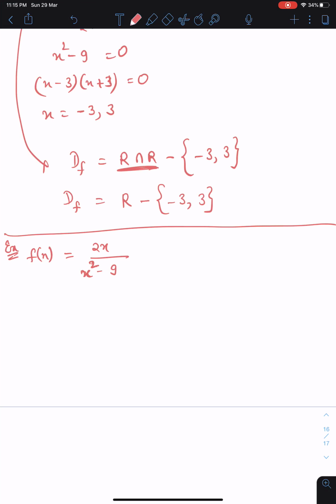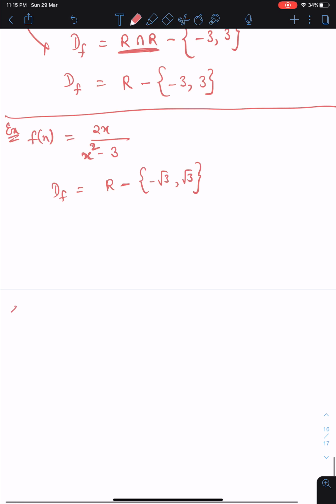Okay, so instead of 9, you can just make it 3. So just check your answer. The answer will be R minus root 3. You just try, and if you are not understanding how I found it, you can ask me in your comment section.